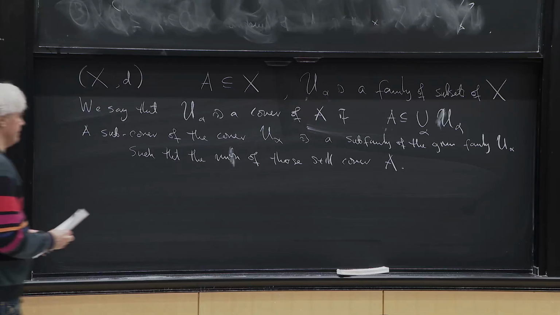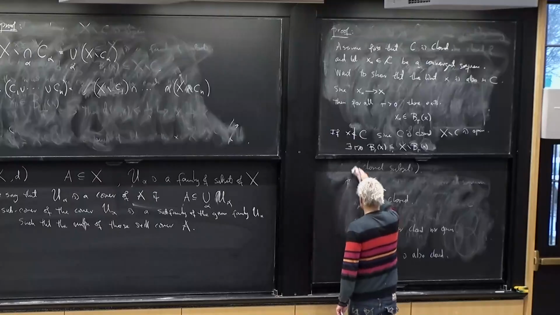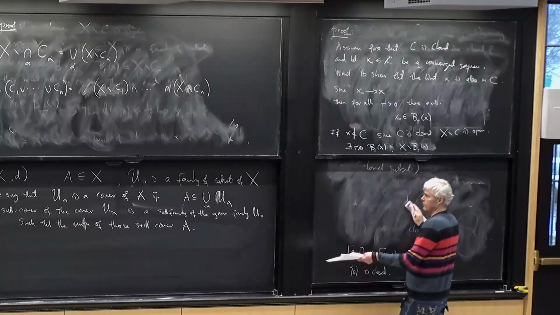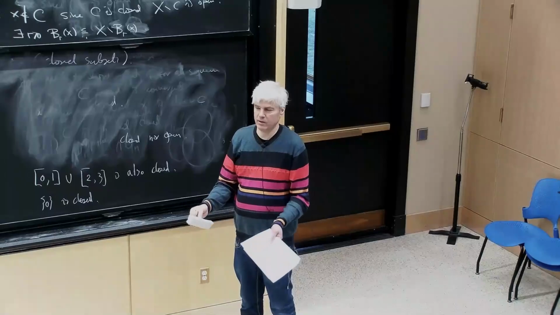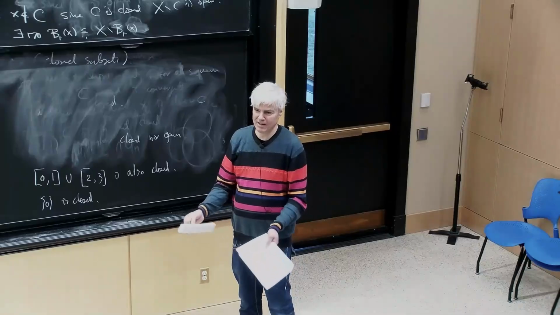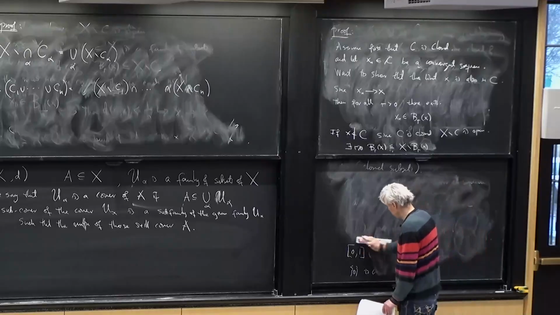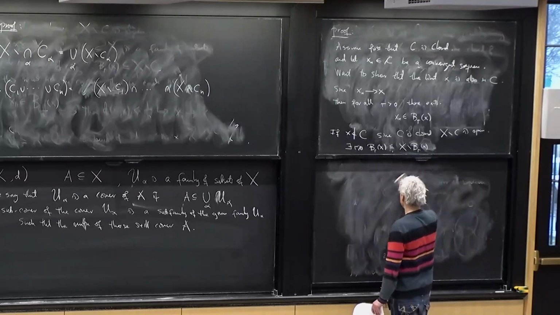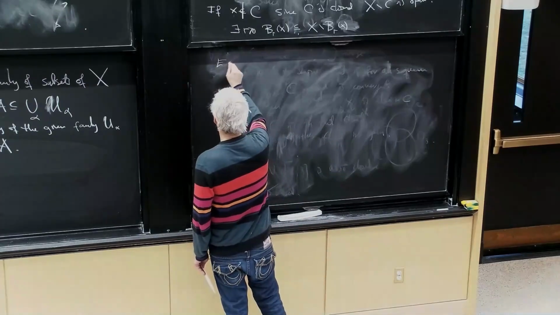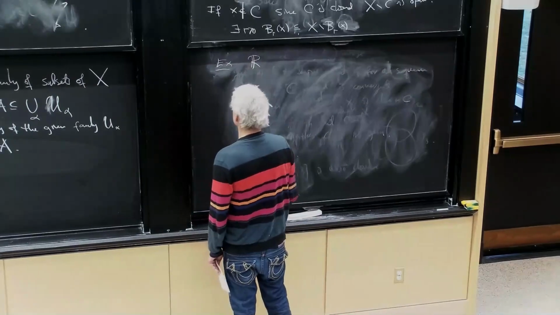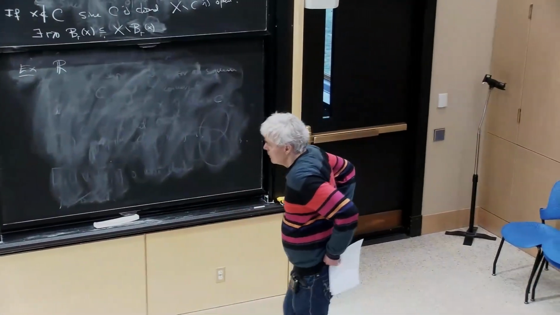So let's look at a couple of examples. If you take a family that covers something, then the family itself is a subcover, but that's a kind of trivial subcover. Here's an example. Suppose that the metric space is R with the usual metric.